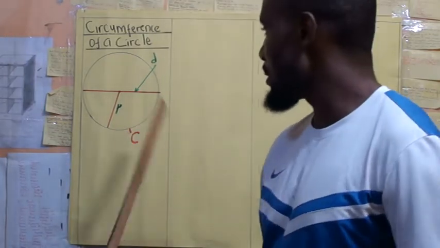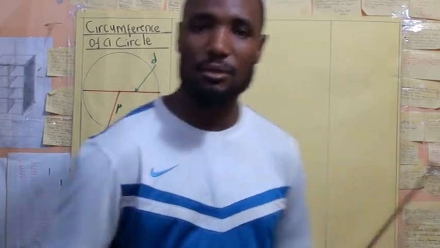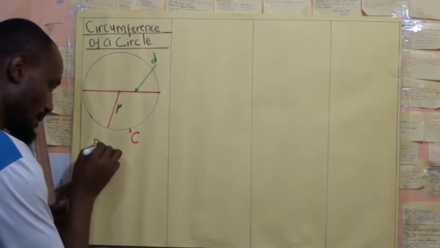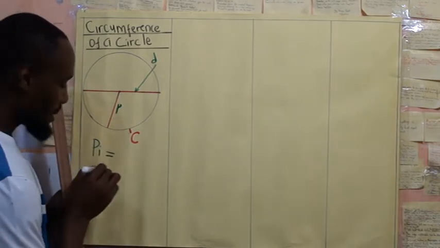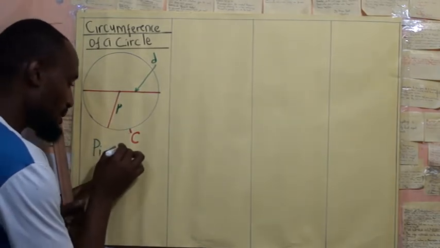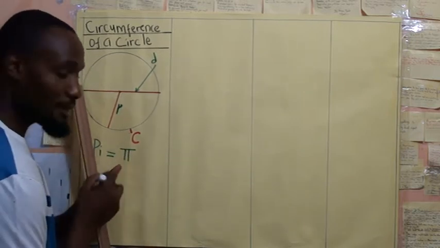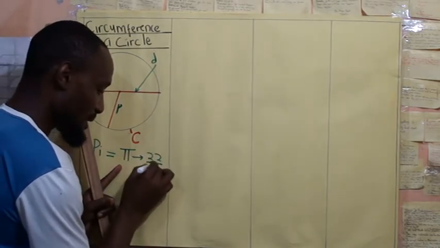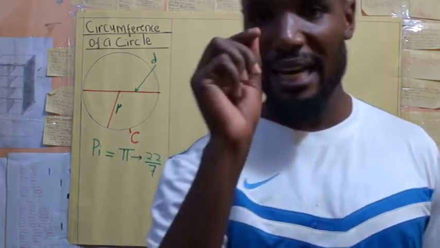The constant that we are given is what we call pi. We can use 22/7 to represent pi. So when you hear pi, in other words, I'm being told to use 22/7.